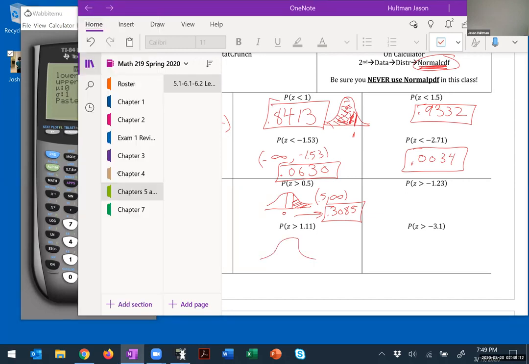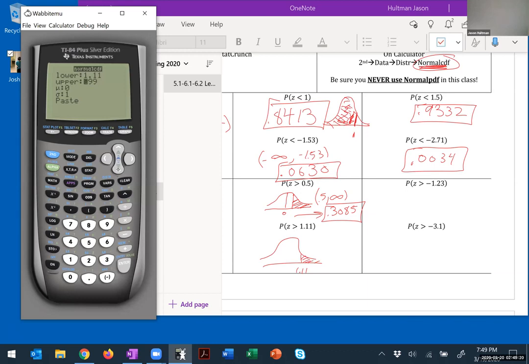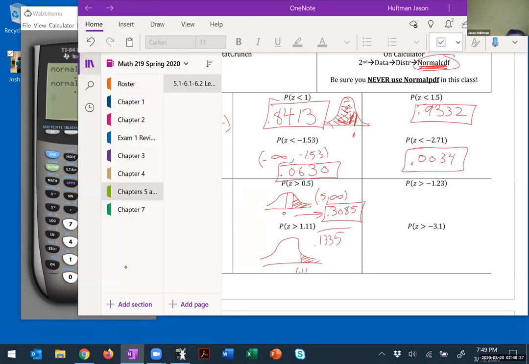Again, it looks like this. And 0, 1. Click paste, and that's 0.1335.